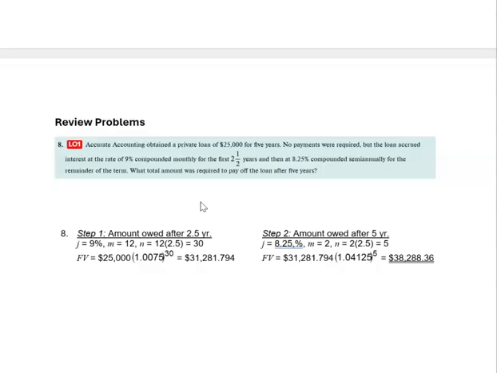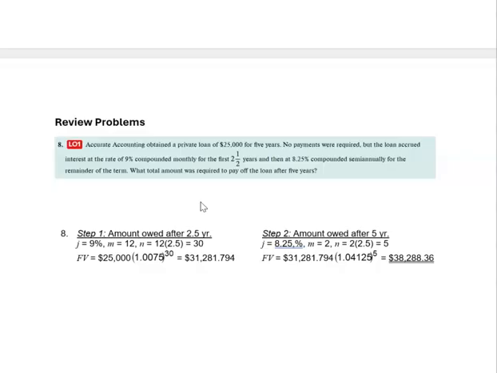So the first thing we need to figure out is, what do we know and what are we trying to solve? They obtained a private loan of $25,000 for 5 years. So $25,000 is our present value. 5 years is the number of years. No payments were required, but the loan accrued interest at a rate of 9%.